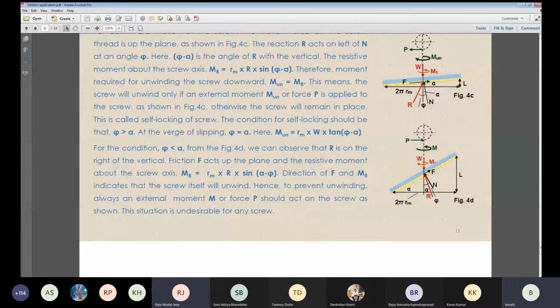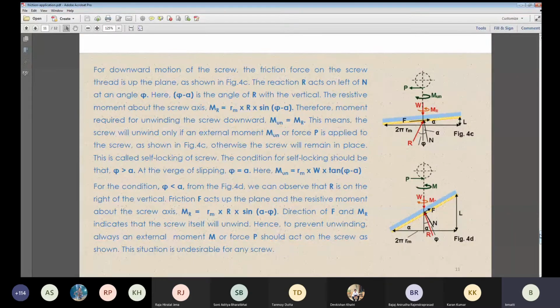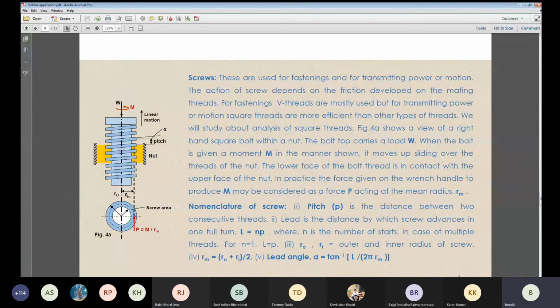There is no change. The screw you are seeing is some distance away from RM, the mean radius. Just look at this screw. This is the screw profile. Can you look at this particular top view? This is the screw profile. What I am drawing is on the screw profile, at the mean radius, but the axis is always RM away.